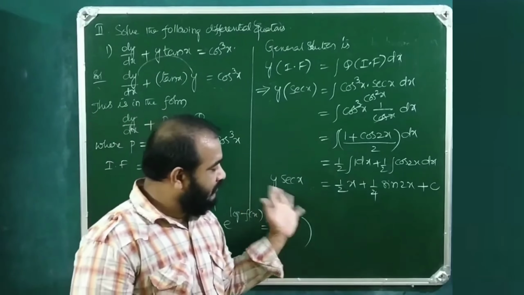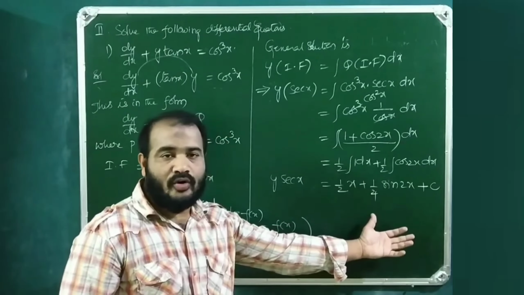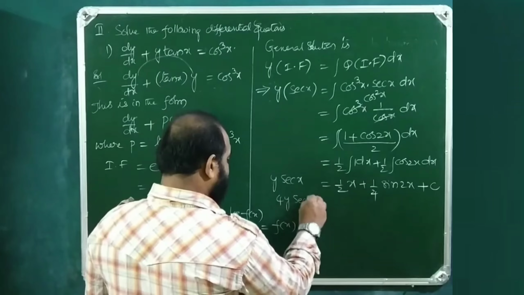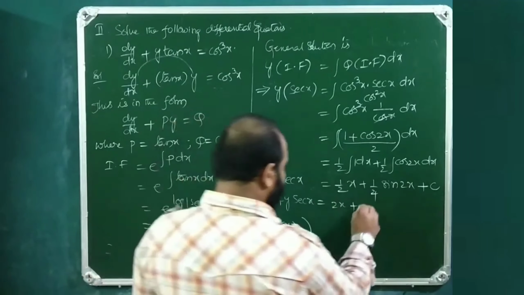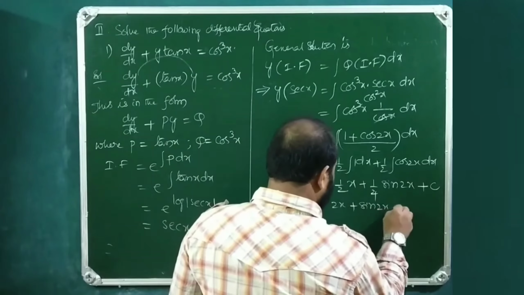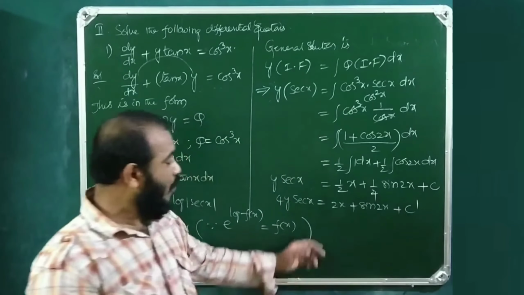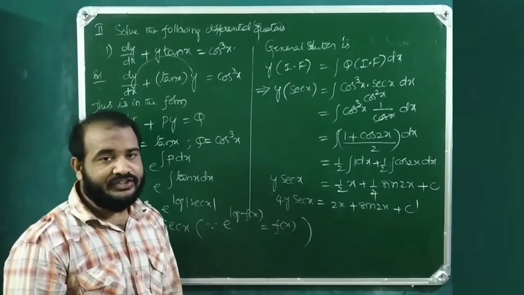You may end up with this step, otherwise you may even take 4 as the LCM. Then 4y secant x is equal to 2x plus sin 2x plus 4c, which can be written as c dash, is the required solution for this linear differential equation.